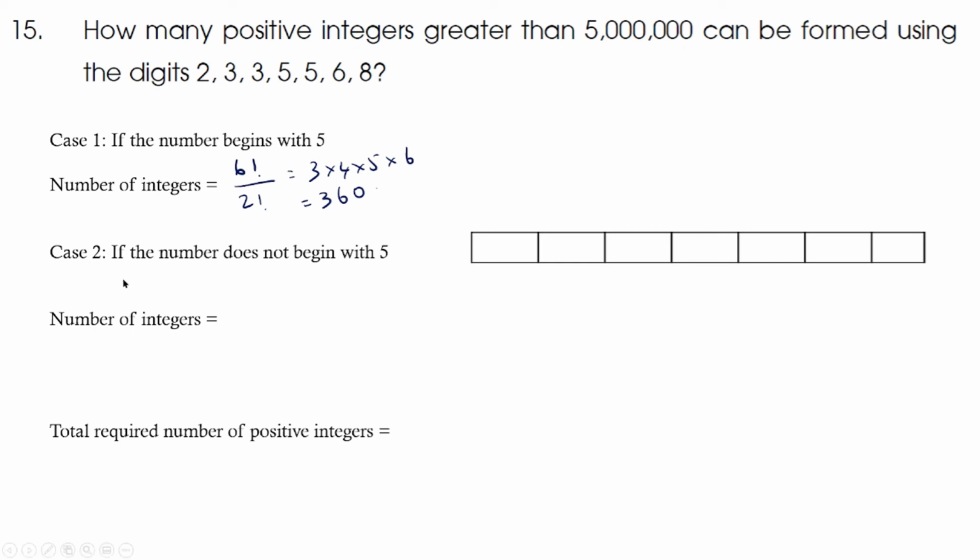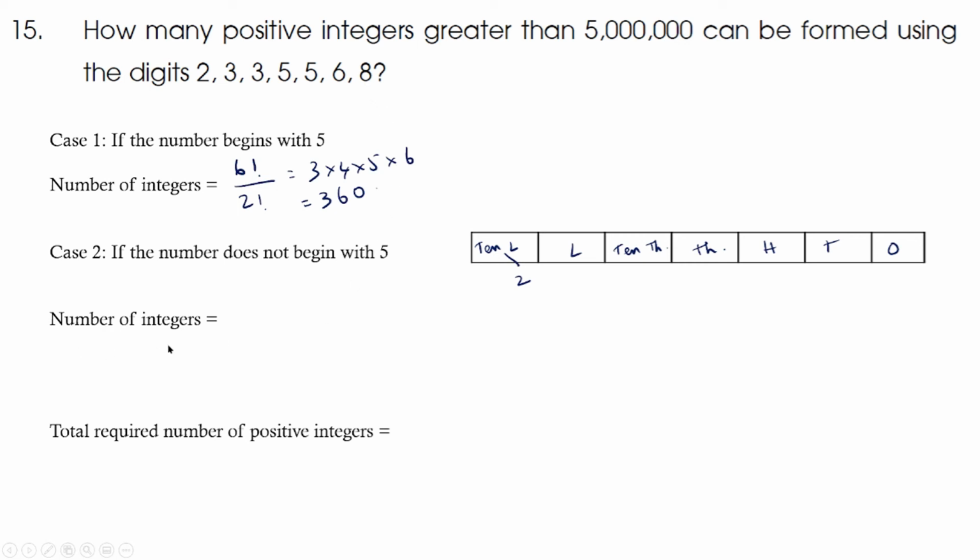Here in the next case, the number does not begin with 5. So this is the 10 lakhs place, this is the lakhs place, then this is the 10,000s place, then the 1,000s, 100s, tens and ones. So this 10 lakh place can be filled in 2 ways, that is 6 or 8.